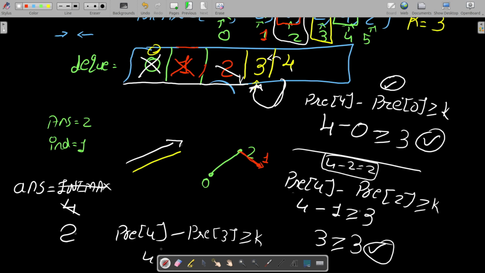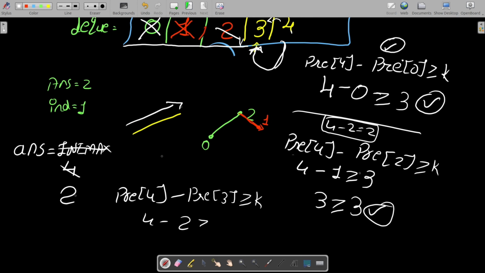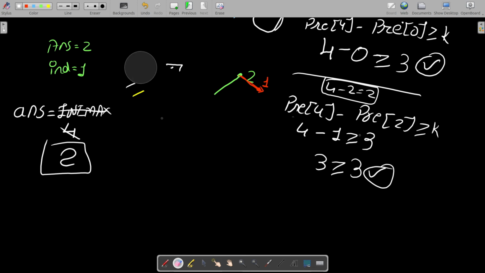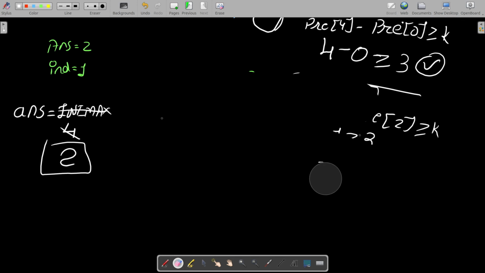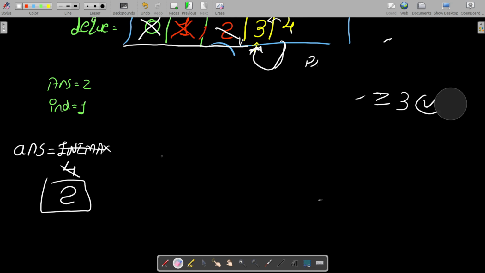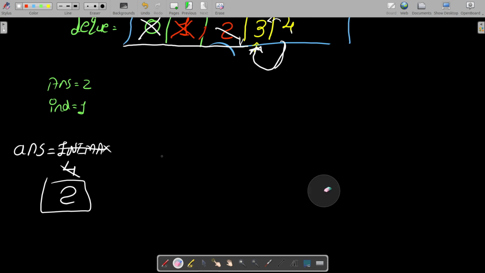So 4 minus, what is that, 2, which is not following the condition, so our length remains 2. Okay, now I am removing the unnecessary things to make it look a little bit better.